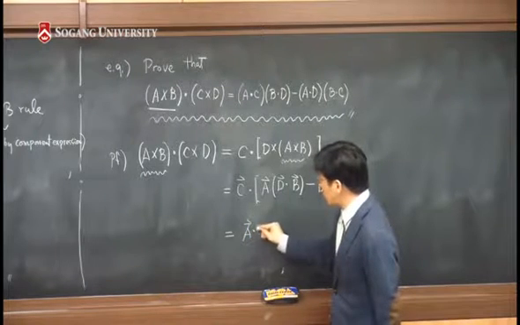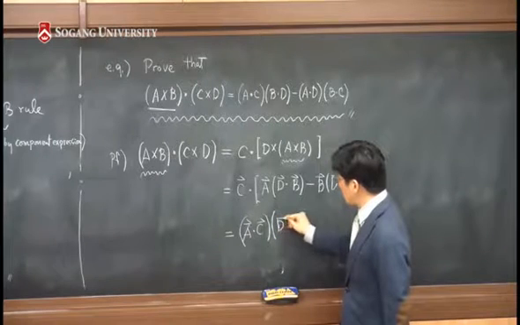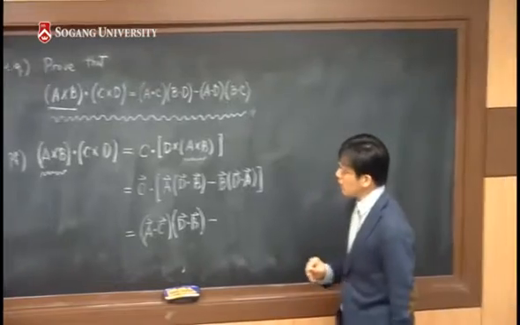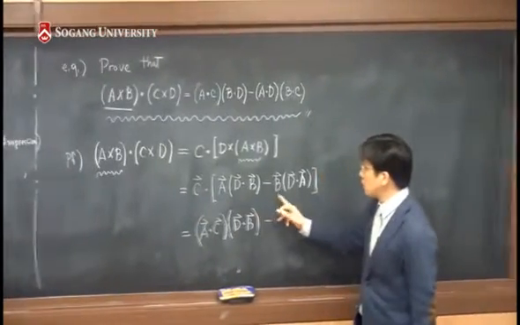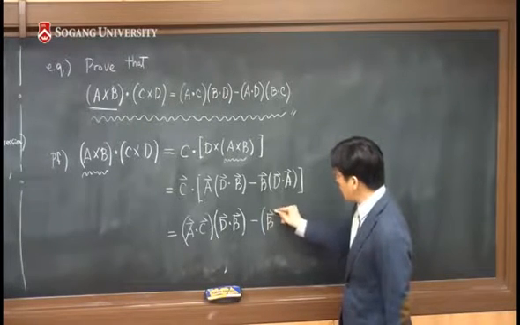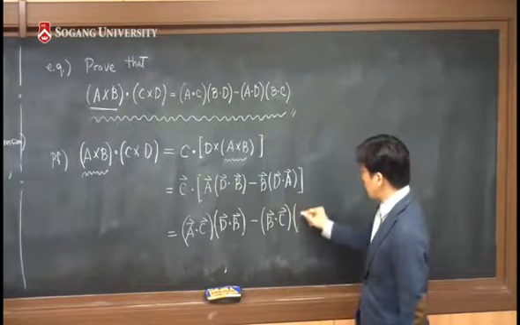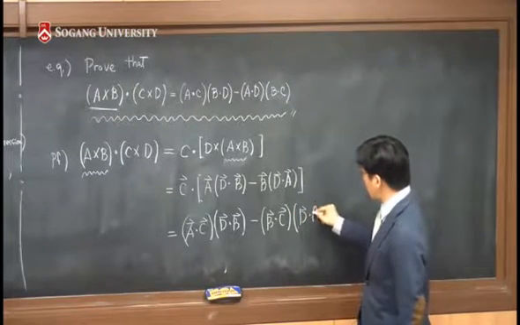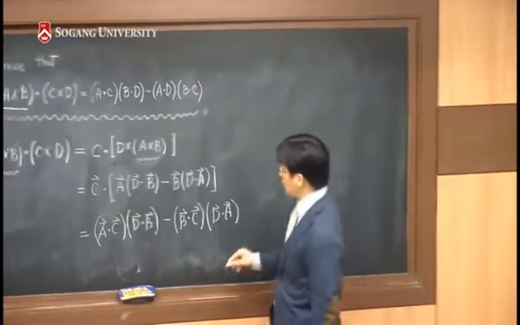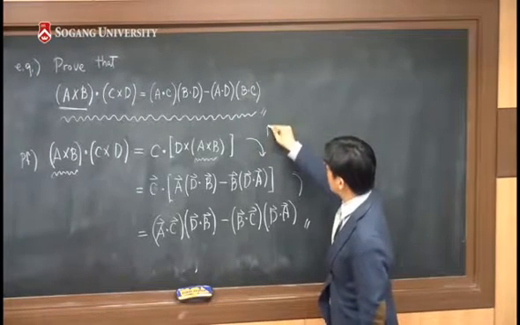Will be A dot product of C can be the first one times the cross product, dot product of B, okay, minus. The second part will be the C dot product of B, whose order can be changed in a way B dot product of C. And the very last one as well can be the D dot product of A, whose order also can be changed. Okay? And then from here to here, you use the BAC-CAB rule.